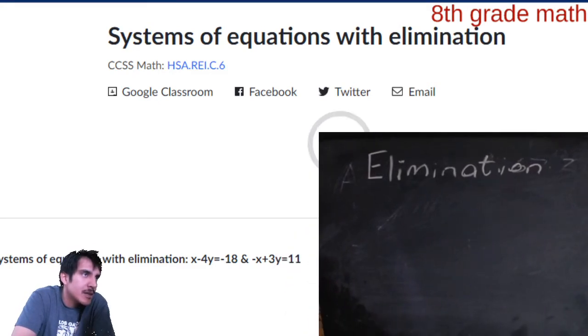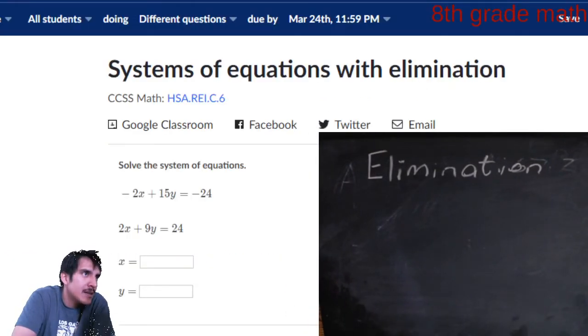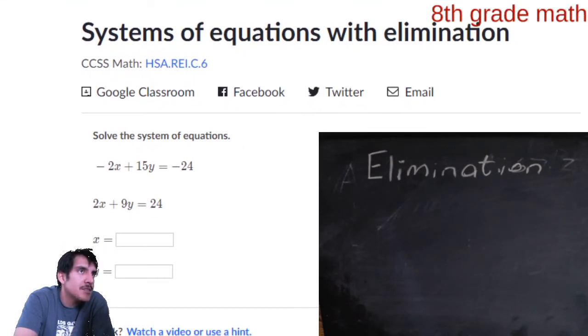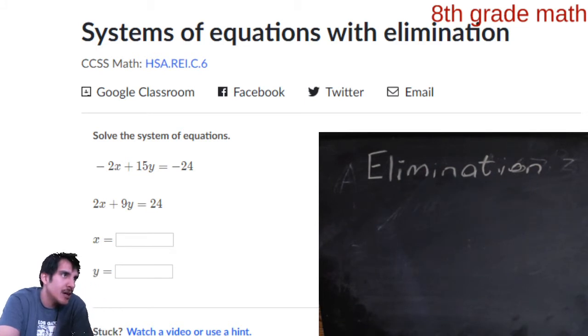Okay, so we got this going on. Can I enlarge this problem? Oh yeah, awesome. So solving systems of equations by elimination. Here is what we're going to do. We're going to move me out of the way, and then we are going to write down these equations.